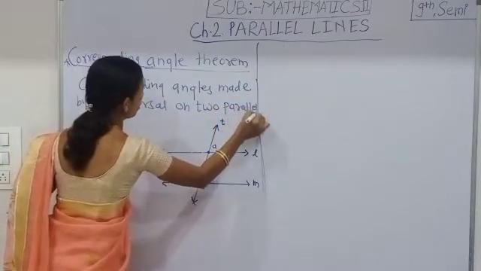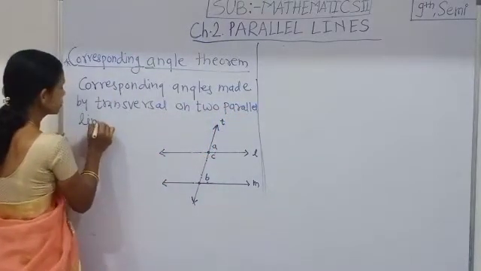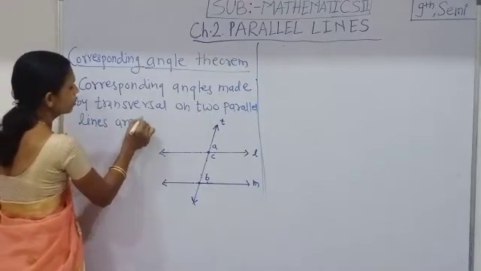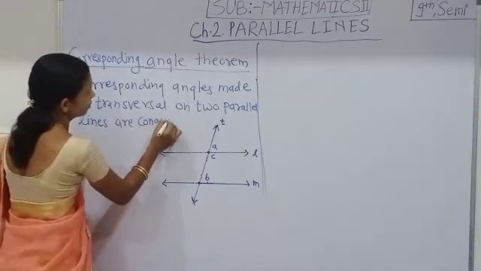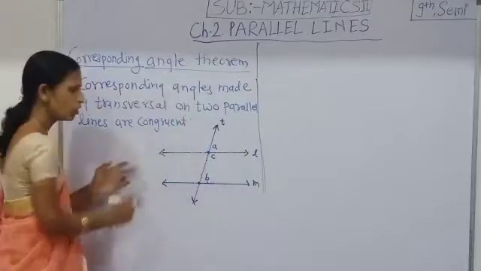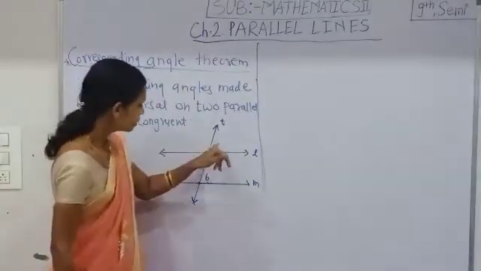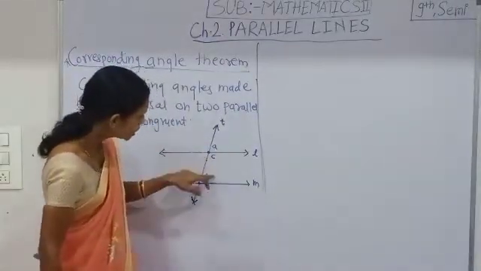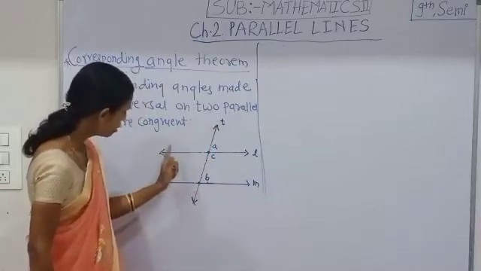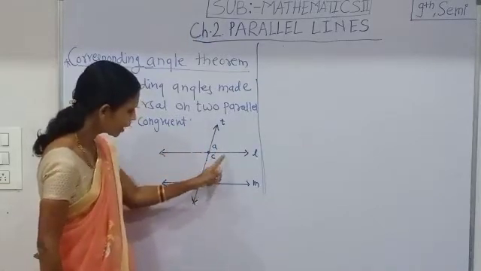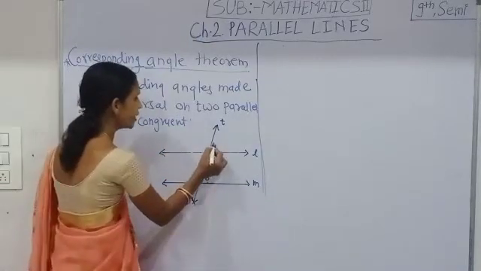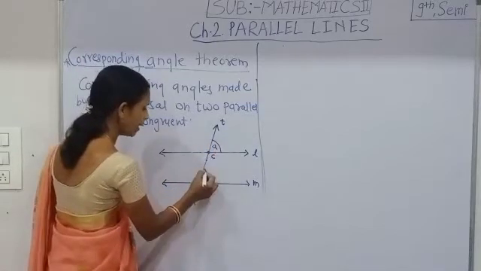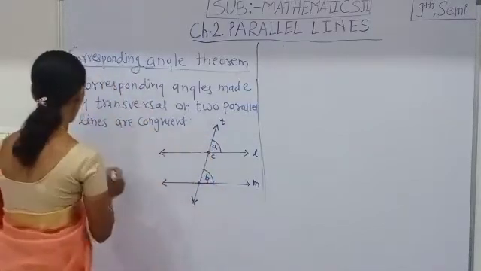Corresponding angles made by a transversal on two parallel lines are congruent. That means all of you studied about that. That means angle A and angle B are congruent.